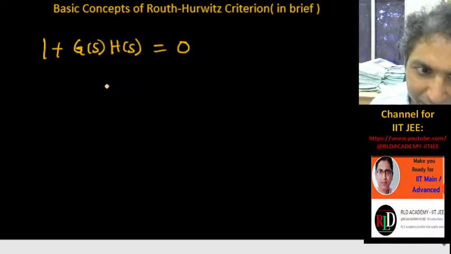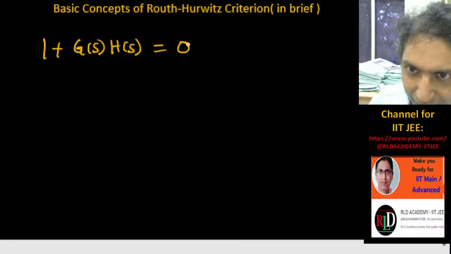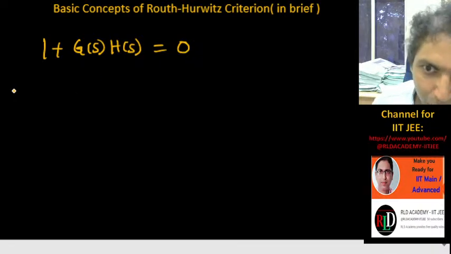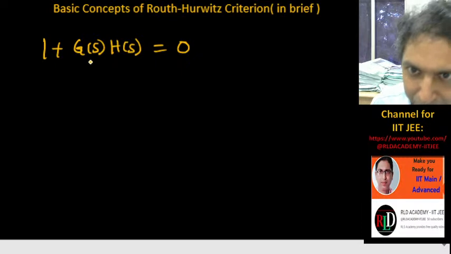Otherwise you will get an unstable system. So how to get this idea from the Routh-Hurwitz table? I will take one example and explain quickly, because I hope you have some idea of the Routh-Hurwitz table. I will be discussing some problems on this topic later.